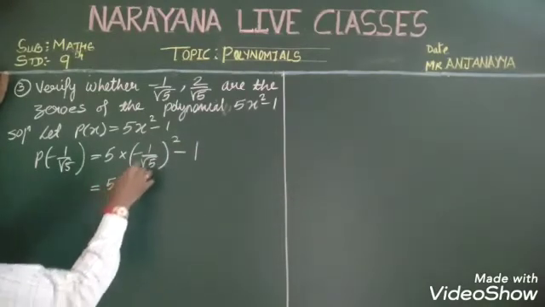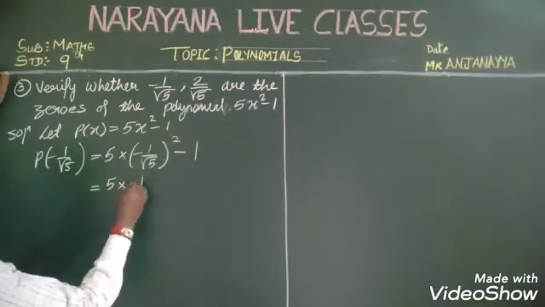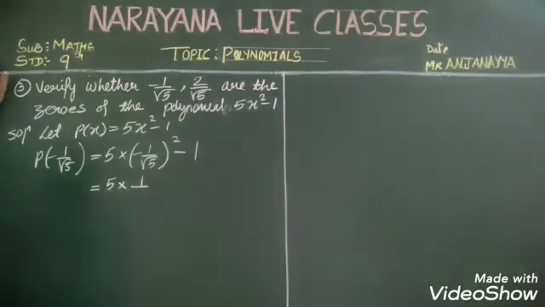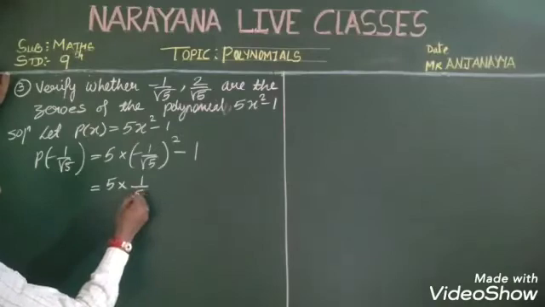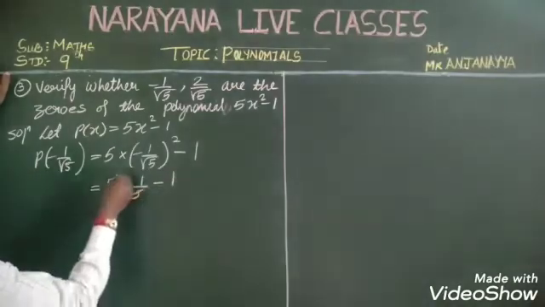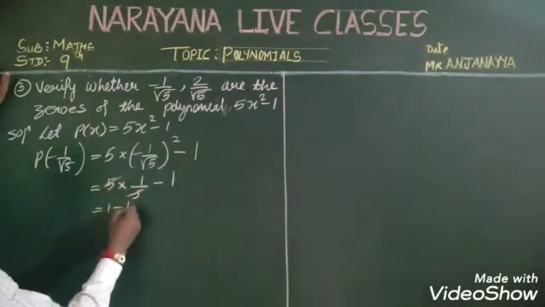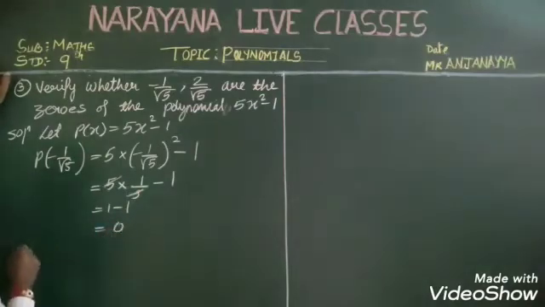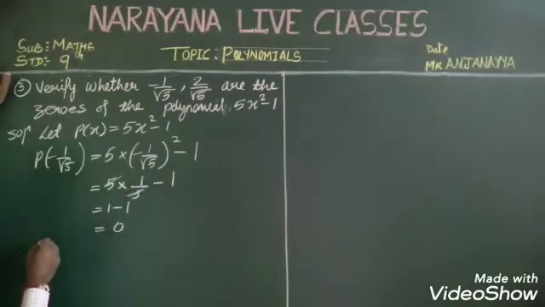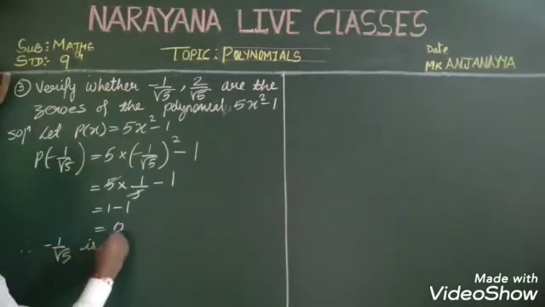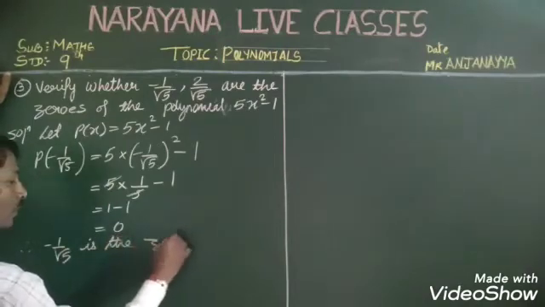Square of a negative number is positive. Square root of 5 the whole square is 5, so 5 into 1 by 5 minus 1, the 5 gets cancelled out. What we get is 1 minus 1, that is 0. Since we got 0 as the answer, therefore we can say that minus 1 by root 5 is a zero of the polynomial.